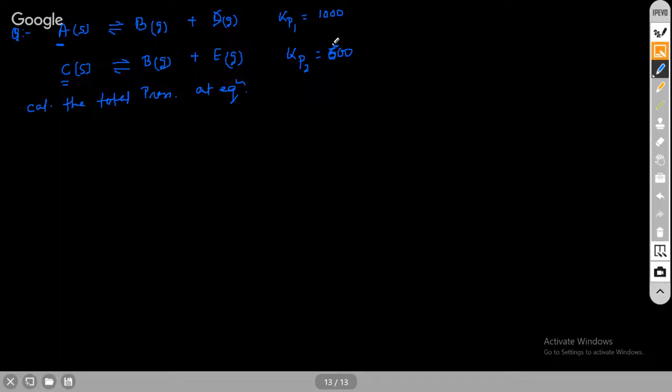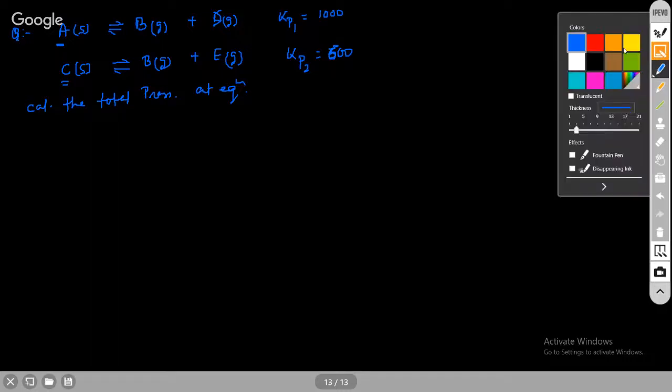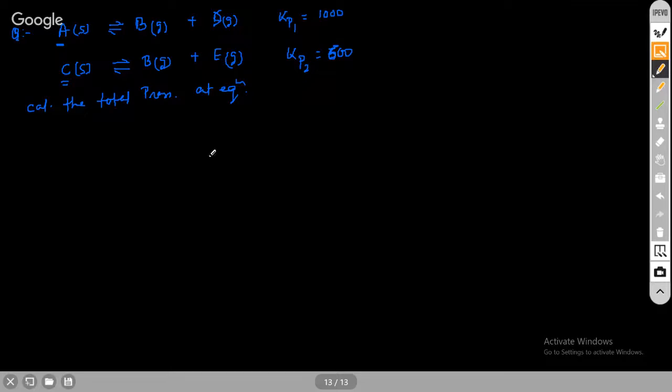Okay, you see, I am solving this. First of all, like I said, we call this simultaneous equilibrium, in which alpha is not given and alpha is not required. First of all, this is a simultaneous equilibrium.